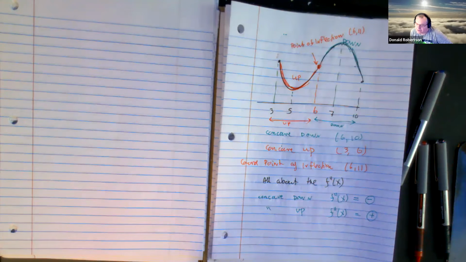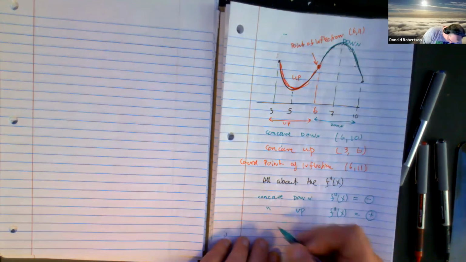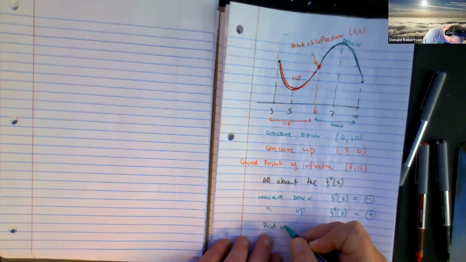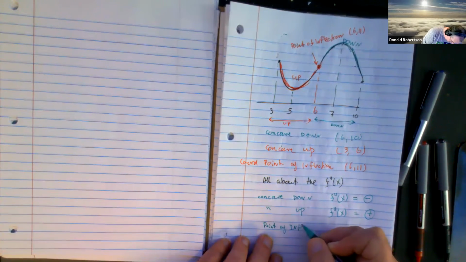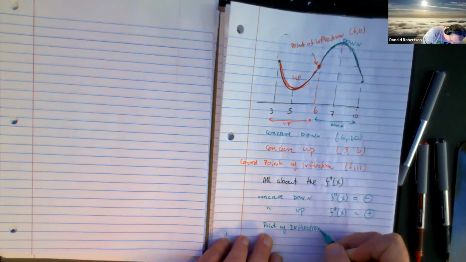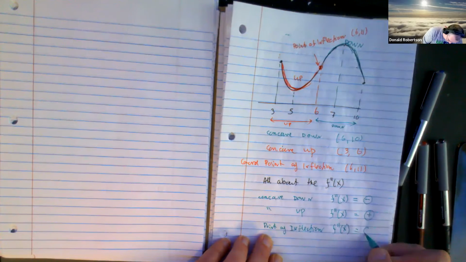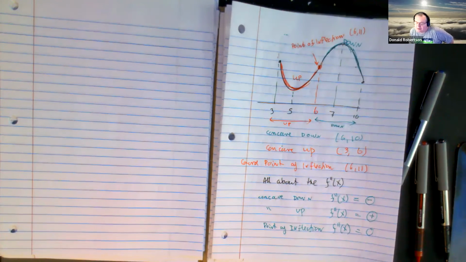Does that make sense? And it will have a point of inflection when the second derivative is 0. Isn't that analogous to what you do for increasing and decreasing, right? Increasing, first derivative is positive.